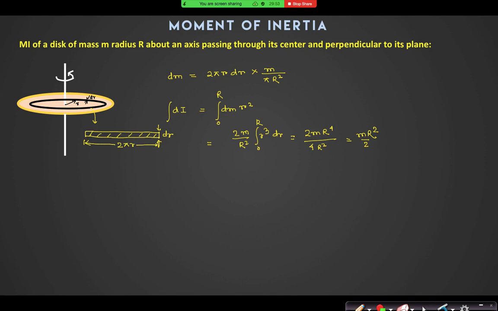So the average radius of the disk is less than r, or not? Yes, sir. So as I have told you, if the masses are more distributed away from the axis, there is more moment of inertia. Closer to the axis, less moment of inertia. That is why you have got a lesser moment of inertia for the disk.